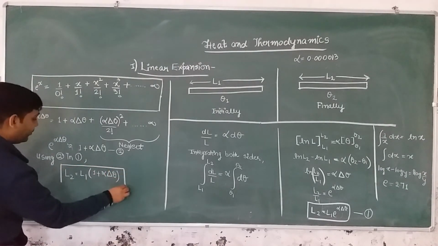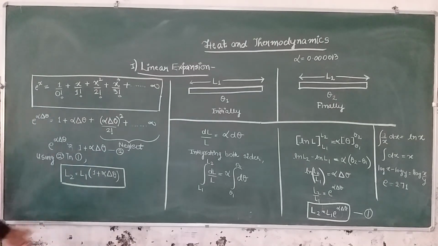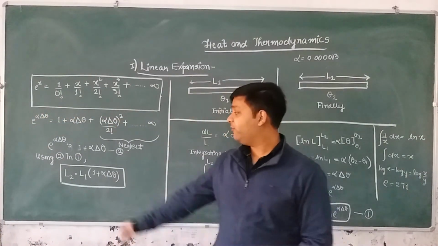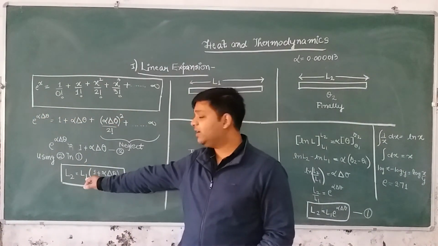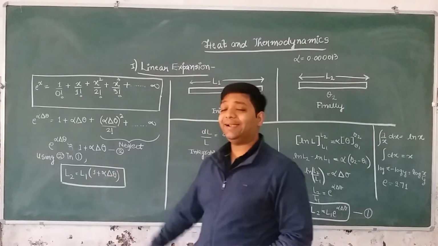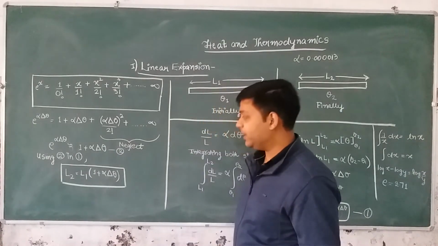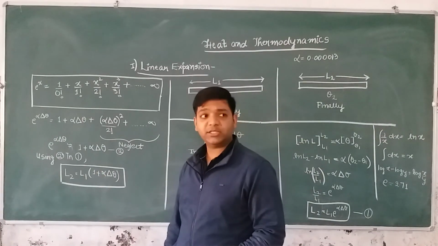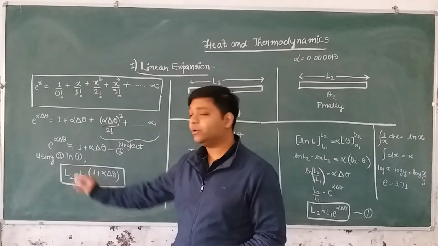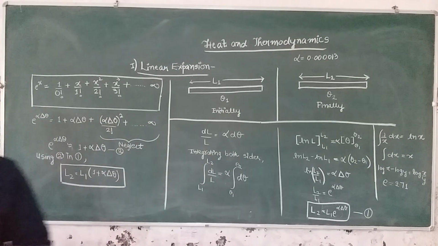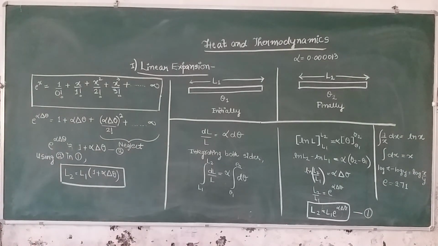This is another important form of expression for linear expansion, where L2 is the final length of the rod, L1 is the initial length of the rod, alpha is the coefficient of linear expansion, and delta theta is the increase in temperature. The value of alpha will be given to you, and then using this formula you can calculate the final length of the rod. I hope this is clear to you. Please note this down.